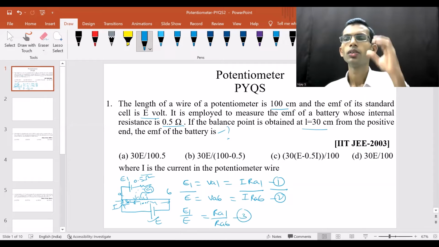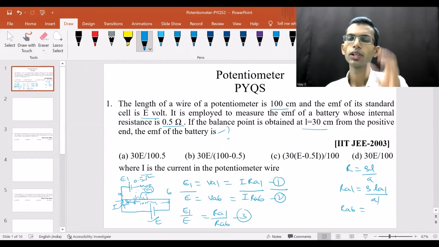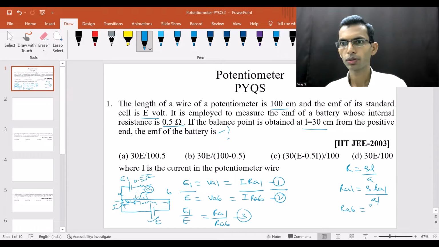We know that the resistance of a wire is given by the expression R is equal to rho L by A. That means RA1, the resistance of the wire between A and 1, is given by rho LA1 by A dash. Similarly, RAB, the resistance of the wire between A and B, is given by rho LAB by A dash.